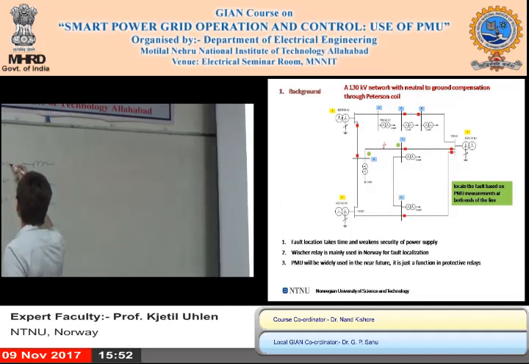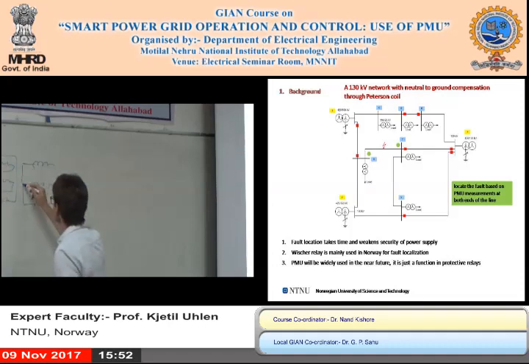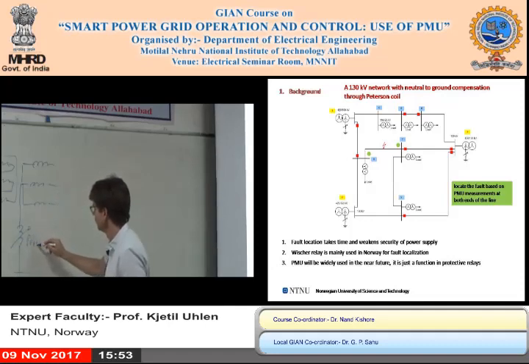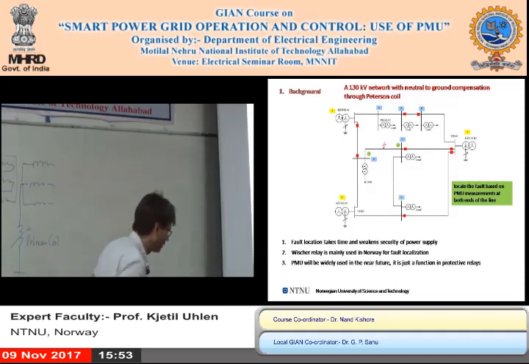On this side it could be either star or delta, but this one is, and this is called a Peterson coil. It's a German guy who invented it a long time ago.